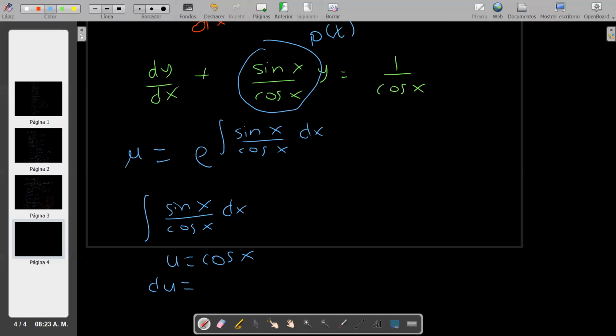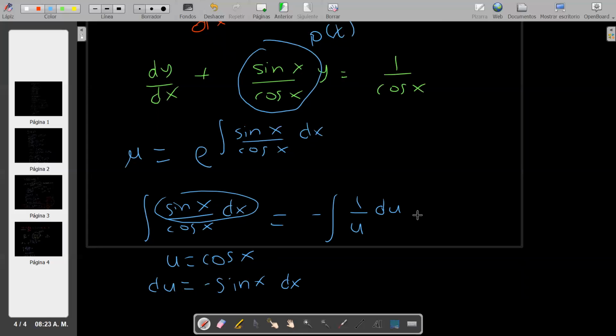Negative, right, professor? Negative sine of x, right? And as we have a sine of x, then sine of x dx is equal to negative du. So we'll have something like the integral of 1 over u du.